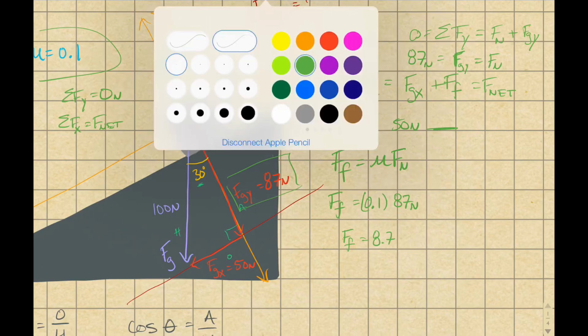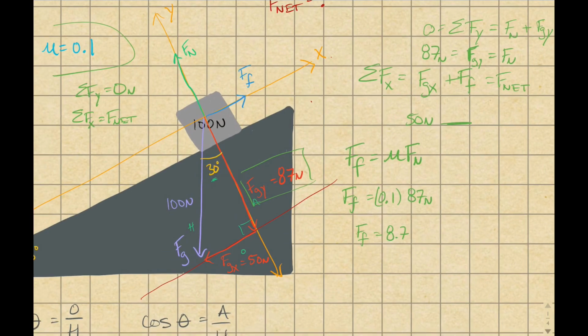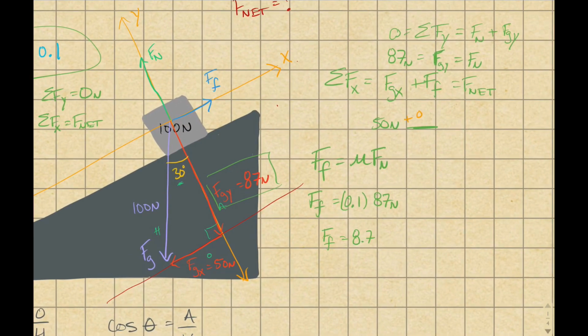Okay, so now we can bring that information up here. Now we know that this is equal to 8.7 newtons, and then my net force is going to be that right there.